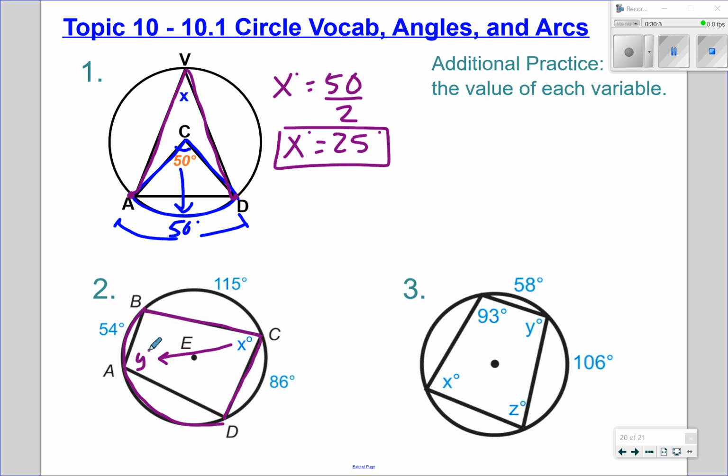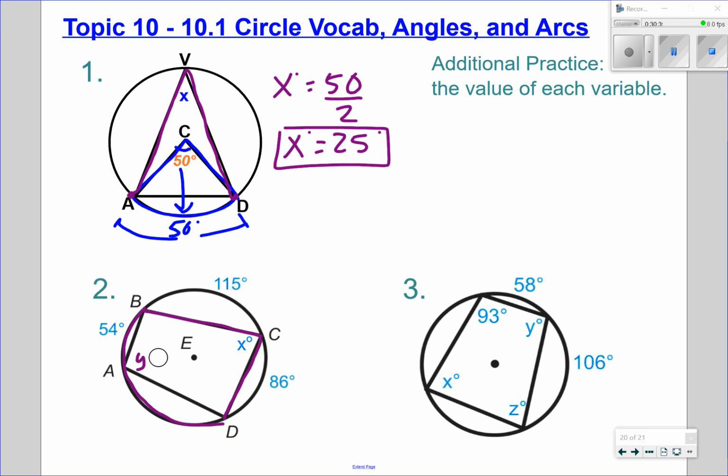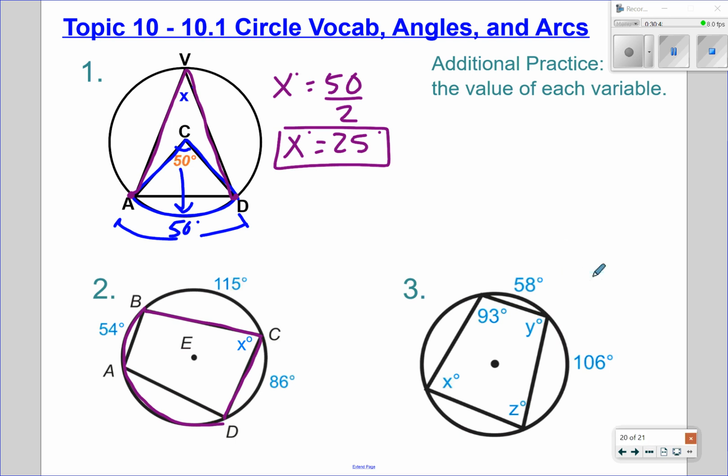So I'll go ahead and find x the first way I mentioned. If we ignore this opposite angle, we could find x by figuring out what this missing arc would be. We could figure out this missing arc by taking 360 and subtracting the 54, subtracting the 115, subtracting the 86.